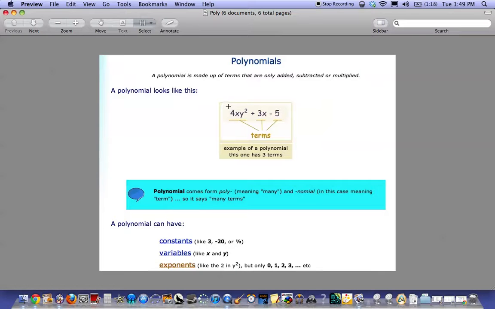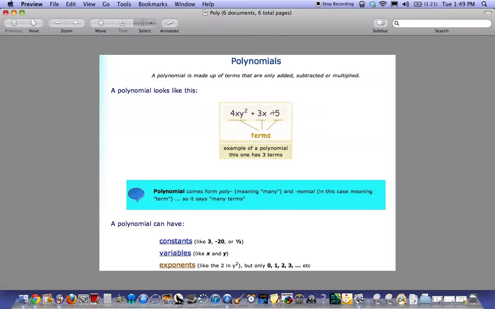So the first thing we technically have to do in this problem is multiply 4xy squared. Of course, we have to do y squared first and then multiply 4 times x times whatever y squared is. And at that point, it will represent one number. So the product of 4xy squared will be added to the product of 3 times x.